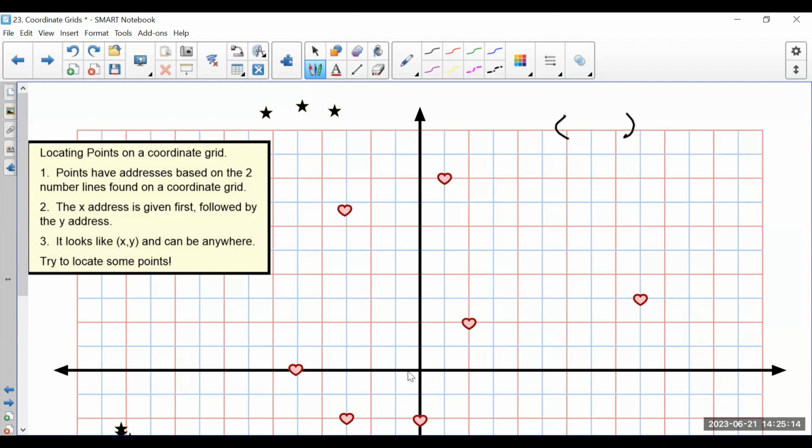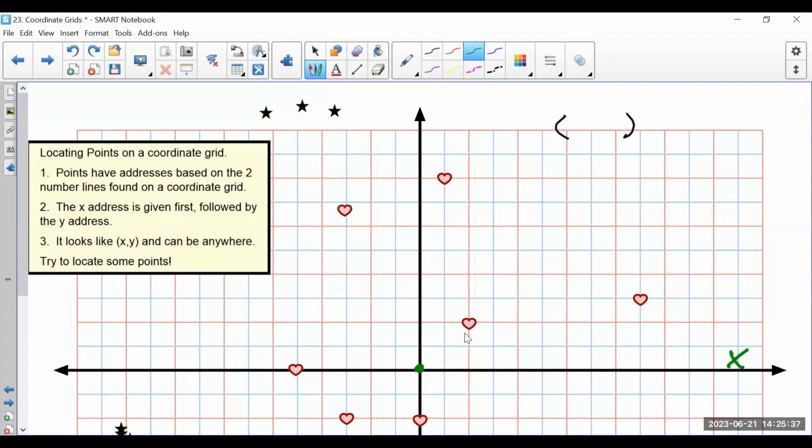They tell you what to do on the x-axis first. So they will give you a number. So you're starting at the origin point. You want to get to this point. You don't just go diagonal, that's cheating. We're going to talk about what you do on the x-axis first.